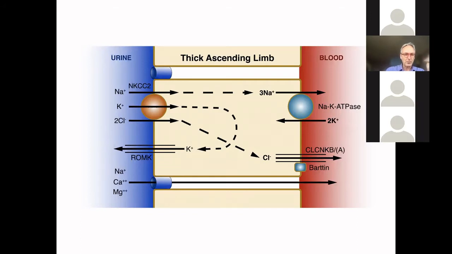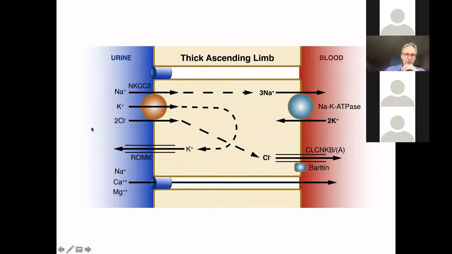And that highlights, of course, the importance of this channel. Just as we saw before with Gitelman syndrome, the basolateral potassium channel that was providing a steady supply of potassium to the pump, this channel provides a steady supply of potassium here for this transporter. And if you don't have this supply, the transporter cannot function.